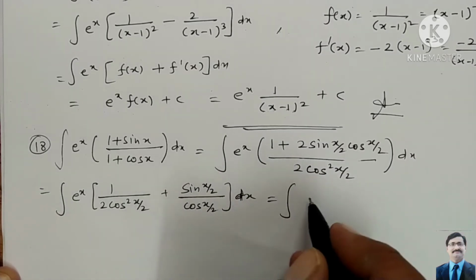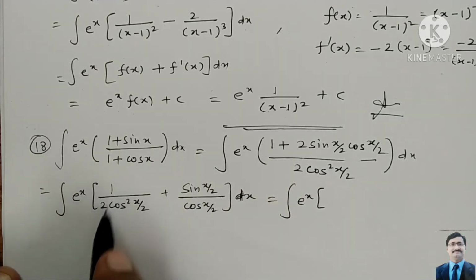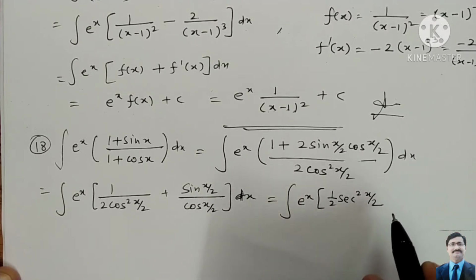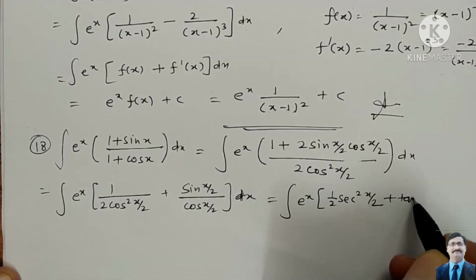This we can write e^x and this will become 1/2 sec^2(x/2) and this will become tan(x/2).